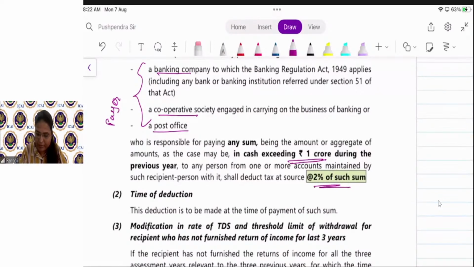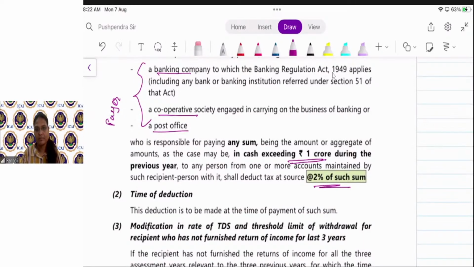Up till now, what we have studied is that if TDS is applicable, then TDS is required to be deducted on the entire amount.